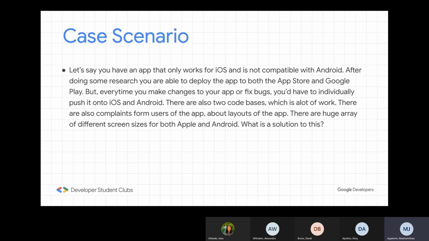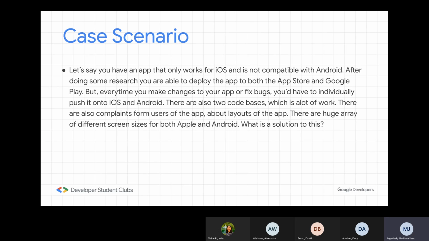But sometimes when you have an update, like a software update, you fix bugs and you make changes to the app, like the layout or some of the features, you would have to individually push it onto the iOS and the Android update, into the App Store or Google Play. So it's kind of like using two code bases, which would be a lot of work.